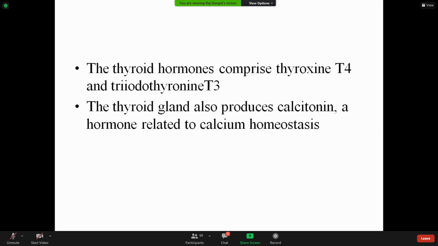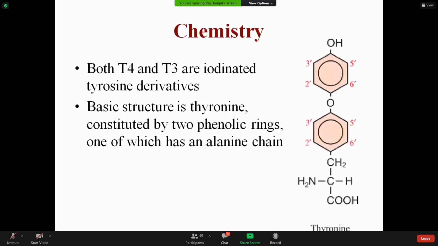While talking about the chemistry of these thyroid hormones, both T4 and T3 are iodinated tyrosines.